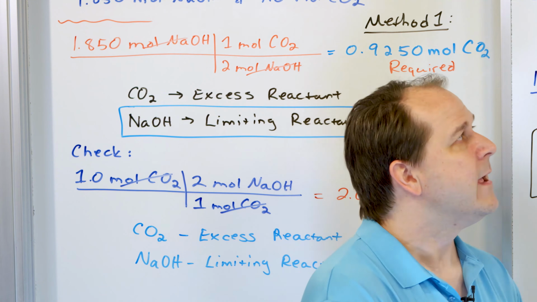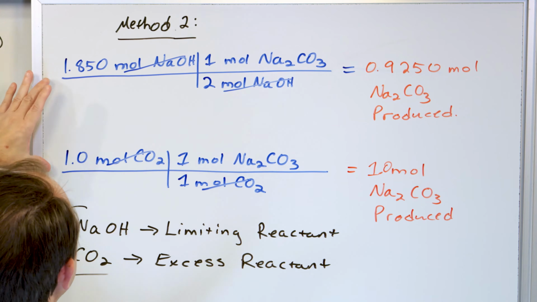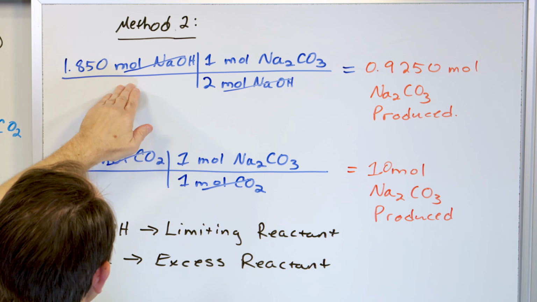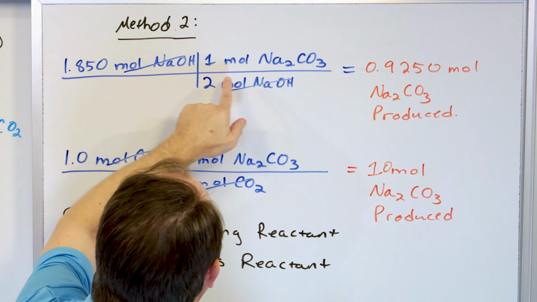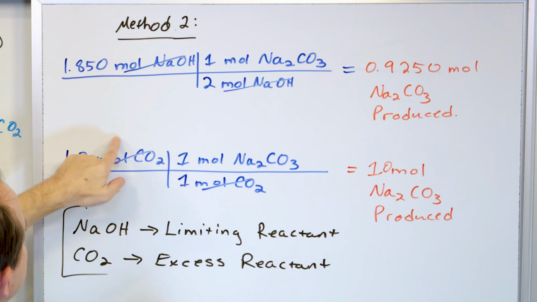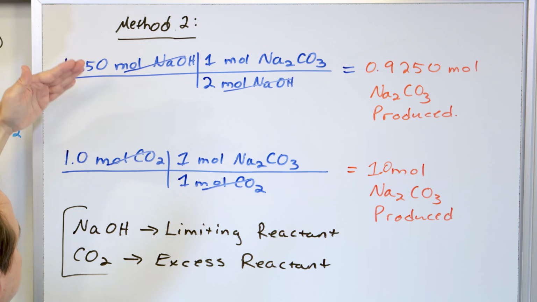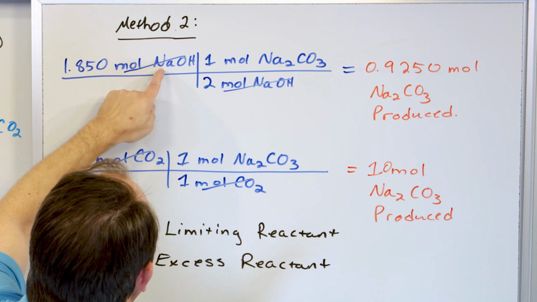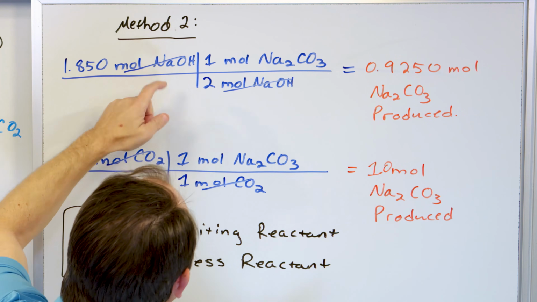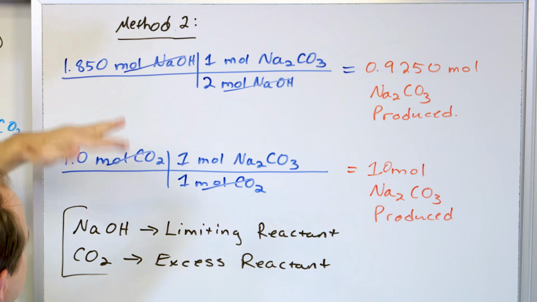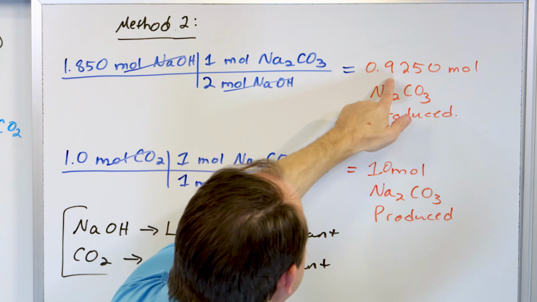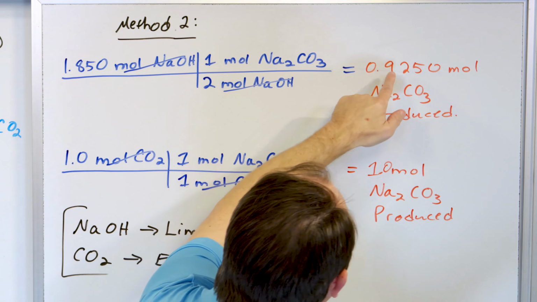That's method 1. Method 2 is to do 2 different calculations where we take one of the reactants and convert it completely into product. And then we take the other reactant and convert it completely to product. Now, when we do this, we're assuming implicitly that each one is the limiting reactant, and that we have excess of the other. We just do that both ways and figure out how much product each amount could theoretically produce.